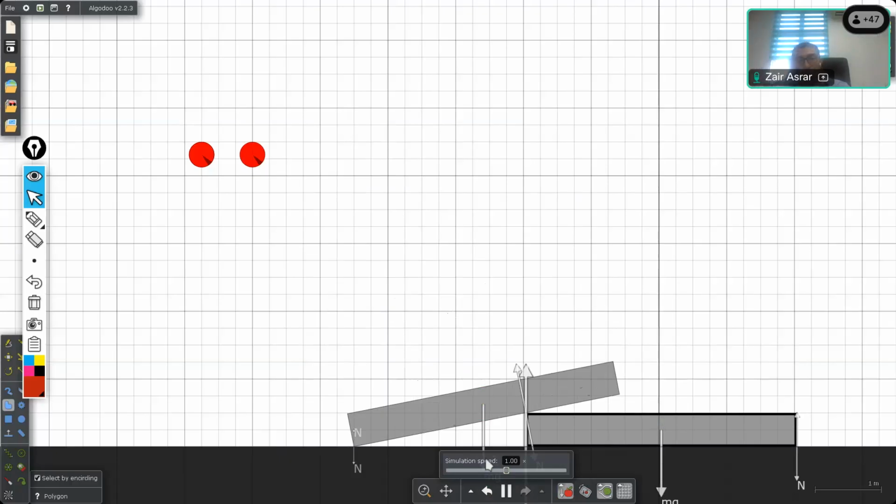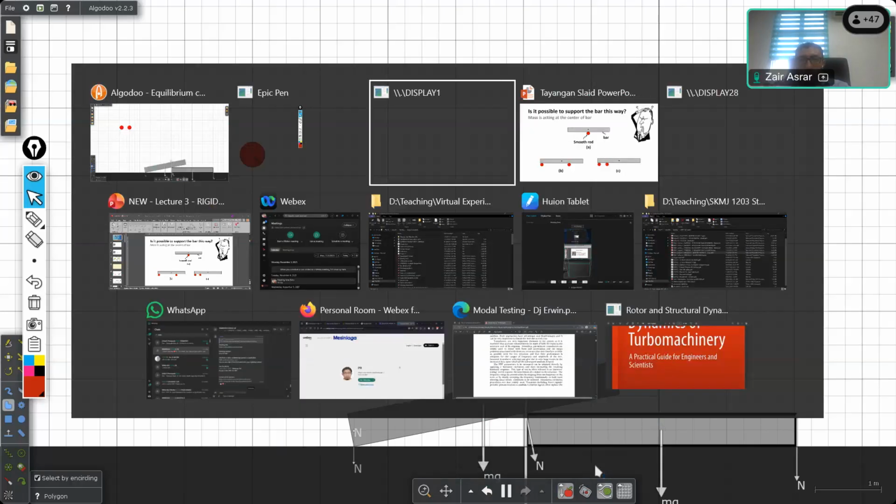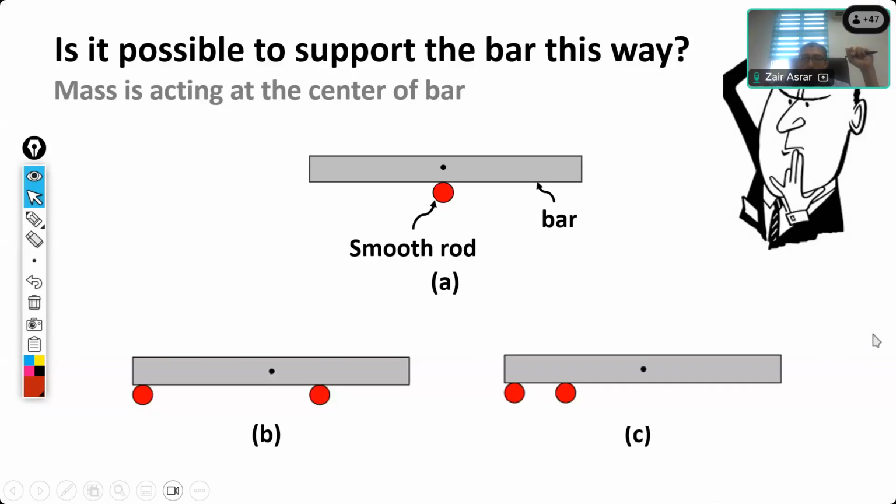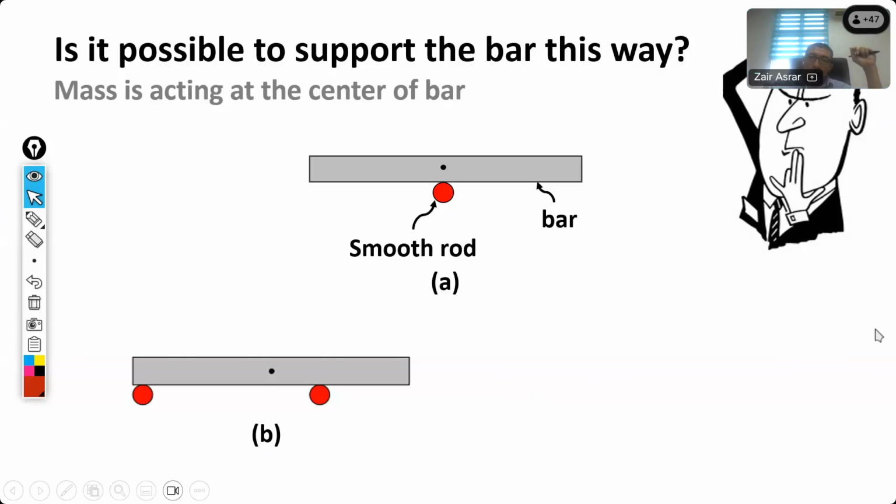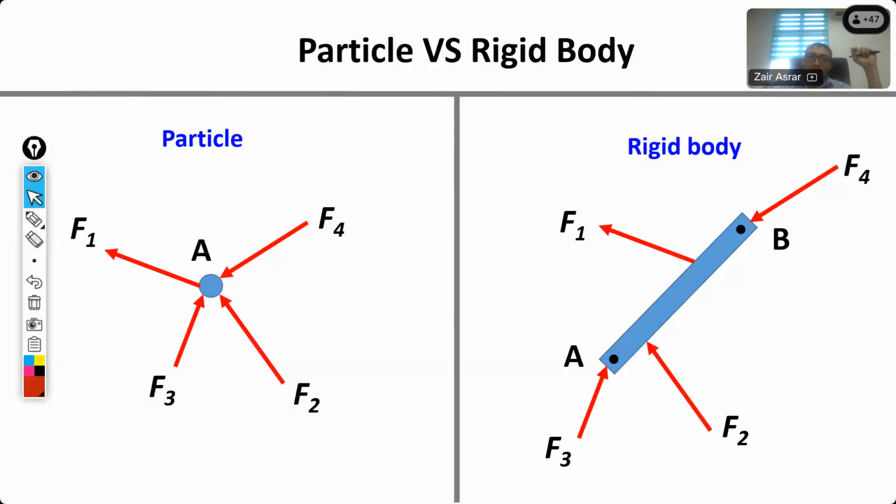Basically that's the idea where we got this moment from. To be precise, this happens because the forces are not acting on the same point. Here we have F1 until F4, all of them acting on the same point, at point A. So they are intersecting at the same point, and if the forces intersect at the same point, no moment will happen.